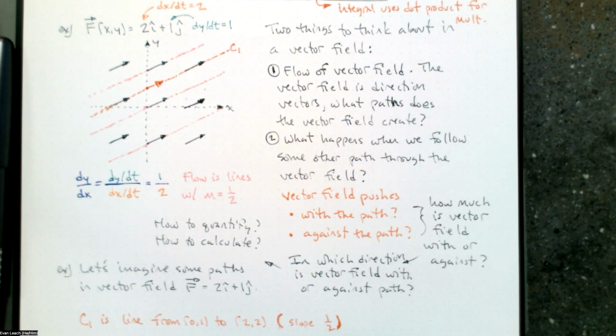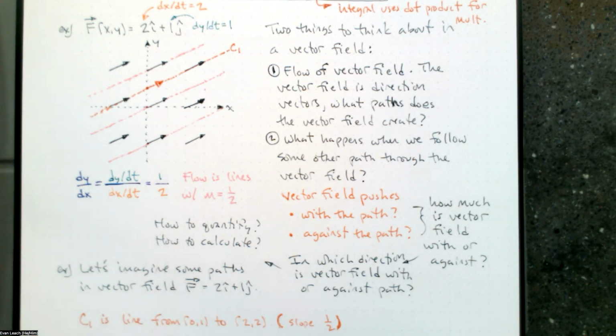In this case, just a qualitative assessment says that the vector field is definitely just pushing along C1. C1 is a flow line of the vector field. So the vector field is all help in this case. The vector field F is all help along the path C1.